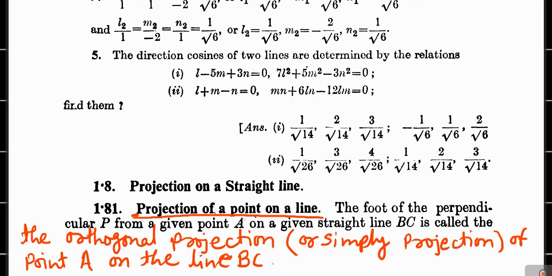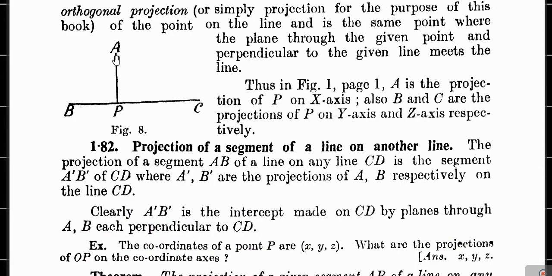Okay, so we'll show this one diagrammatically also. So let us move to the diagram of this. See here, diagrammatically we'll study how that projection of a point on a line is. Suppose we have a point A and we have to find out the projection of point A on the line BC. Then from that point A we draw a perpendicular on the line BC.